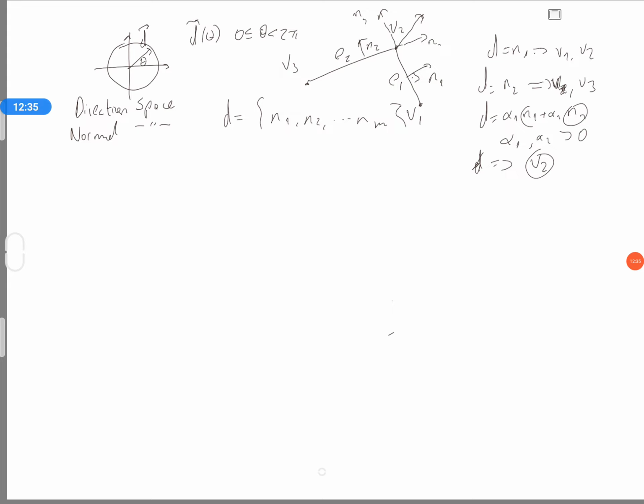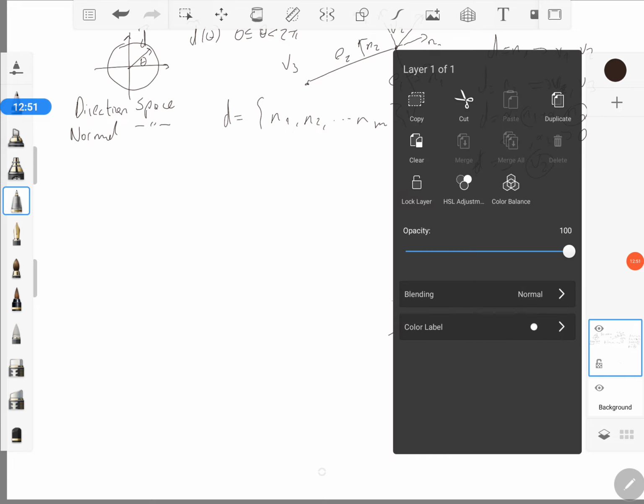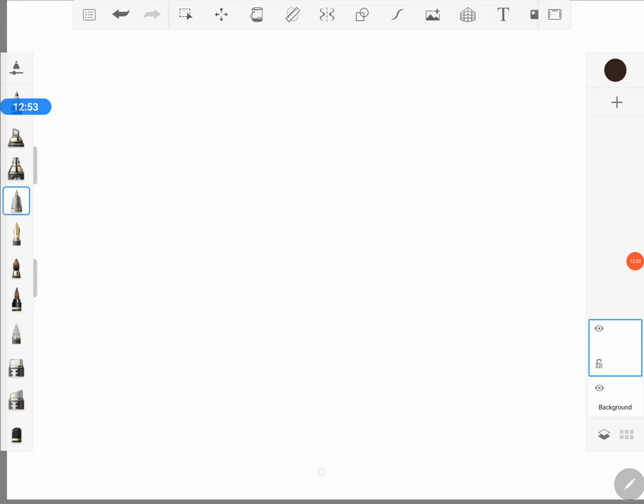So of course this is not the only step. At each step we have to find the extremal vertices in the direction d and direction minus d as well. So what do we have to do for this? For this, we can first think of a brute force algorithm.